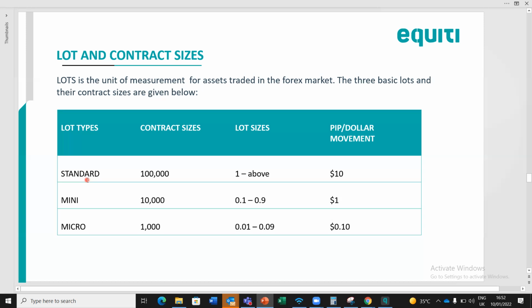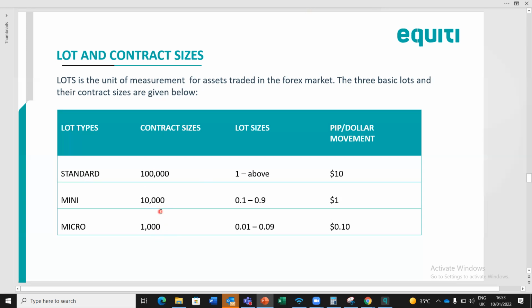So let's start with the micro lot. Your broker does not understand you when you say 1,000 contract sizes or 10,000 contract sizes. What your broker understands is when you put the lot size that represents the contract size.